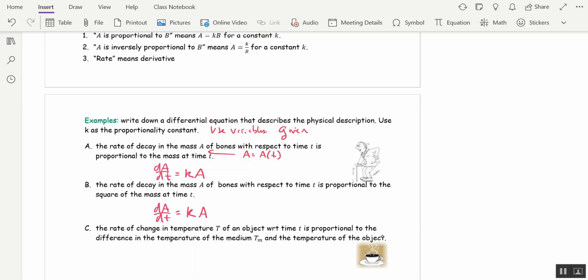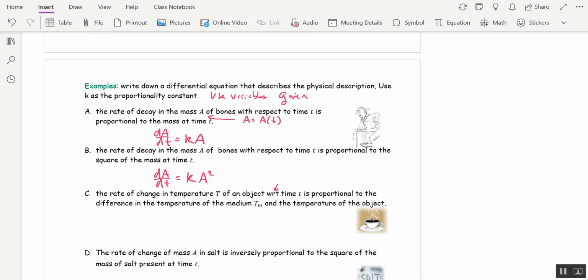Well, that's A squared. All right, the rate of change in the temperature, big T, of an object with respect to, that's WRT, with respect to time, is proportional to, so let's just start out with that part, the rate of change in temperature, so that's dT/dt, okay, because T is a function of time, is proportional to, so equals k, the difference in the temperature of the medium and the temperature of the object.